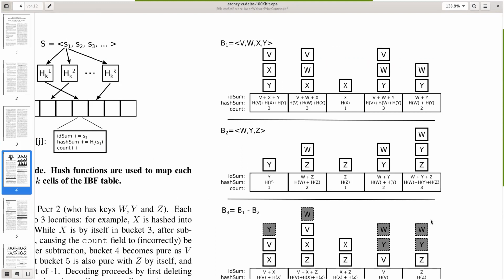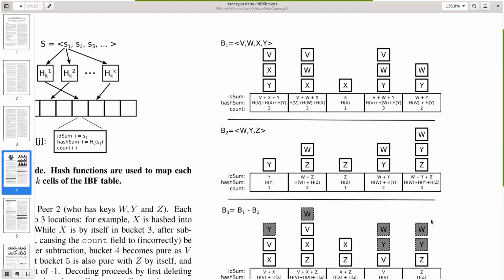I think this is specific to this paper. They also add a hash sum field to their invertible Bloom filters, which is the same as the ID sum field, but instead of just XORing the element, you XOR the hash of the element into it. And this is used for dealing with false positives later on.